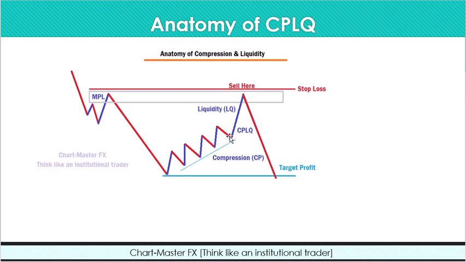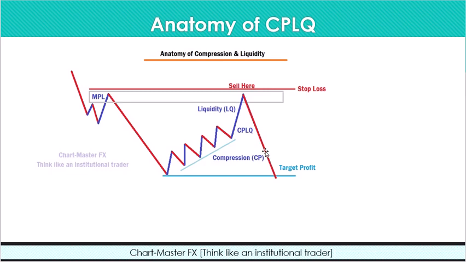So as we are waiting for the price to cover the compression, usually what happens is that the price goes to a decision point that is nearer to that compressing price movement. So once the price goes to the MPL and it goes with strong momentum here, that's what we call a liquidity pool. Once we have a liquidity pool, then the price definitely drops.